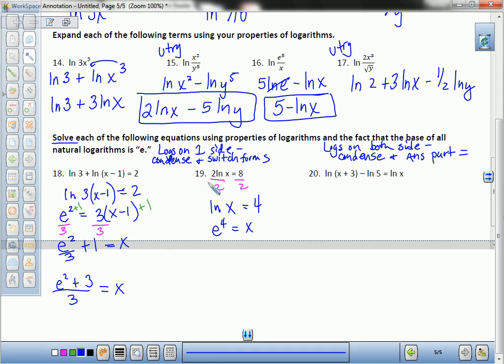All right, so number 18 and number 19 both had logs on one side. But number 20 has logs on both sides, which is really the easier kind. So we're going to condense, and so that subtraction turns into division.